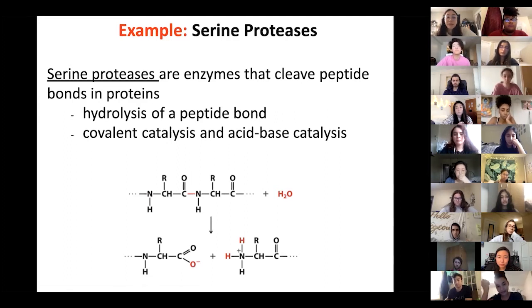An example of a serine protease is chymotrypsin, which is found in our digestive system. These enzymes cleave proteins on the carboxyl side of large hydrophobic nonpolar amino acids by a hydrolysis reaction, which is basically just the addition of a water molecule to a peptide bond.